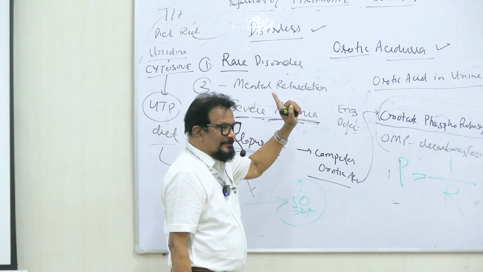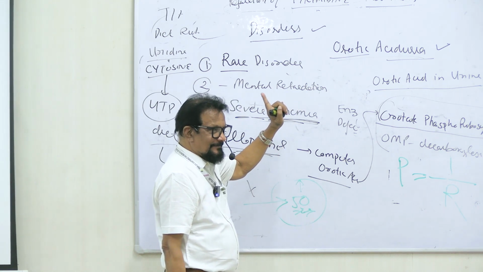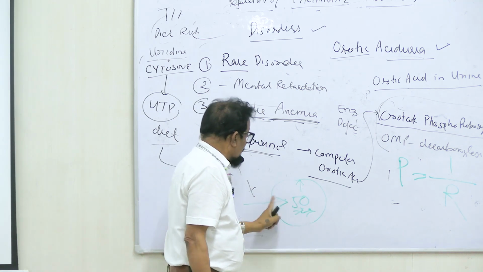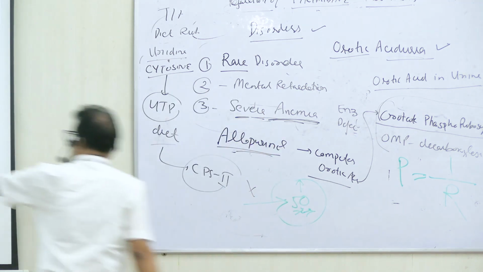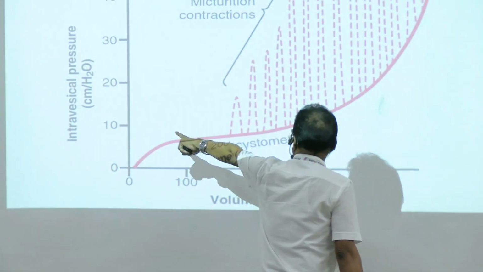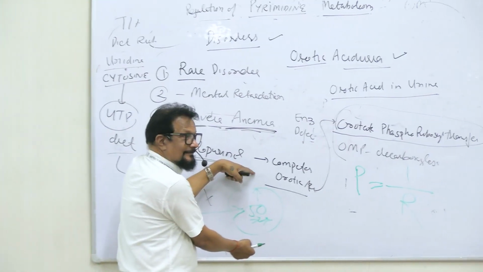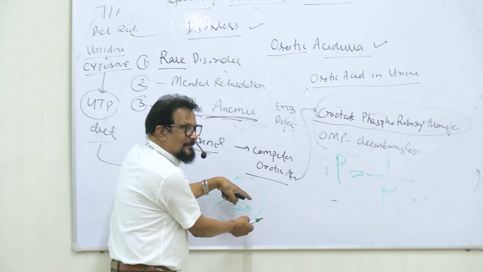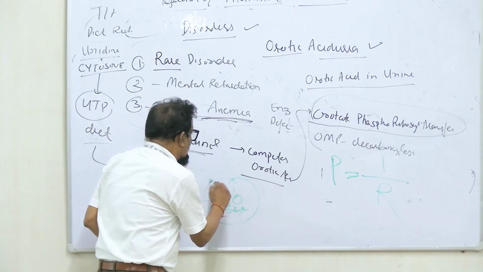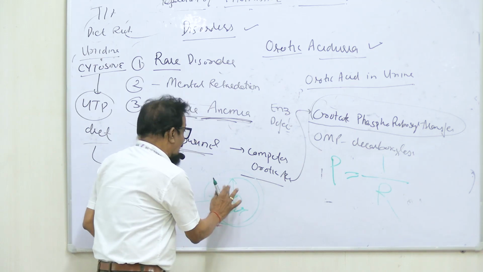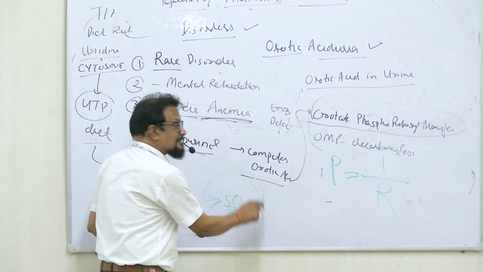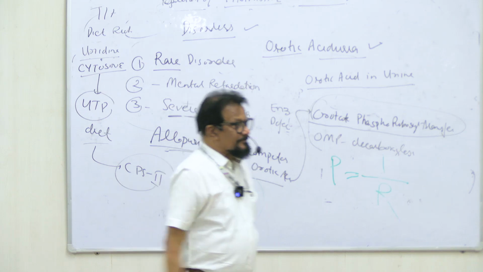Either to the parasympathetic center. If I want to control the pressure, what do I have to do? I have to expand it, then only pressure will be reduced. So the bladder will be expanded, and as a result, pressure will not be increased.